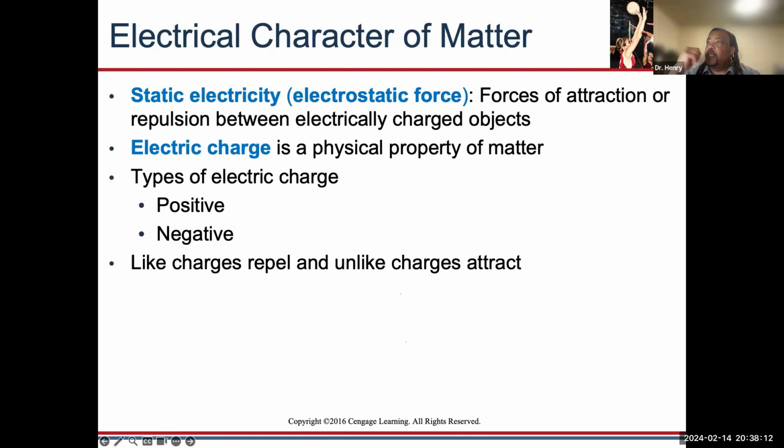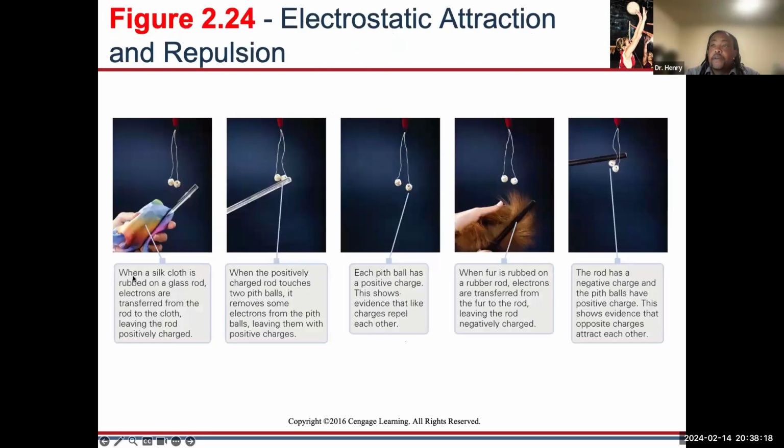And so they've done experiments where they've actually had a silk cloth, and they rub the glass rod with the silk cloth. Now, electrons are going to be transferred from the rod to the cloth. So then it leaves the rod positively charged.